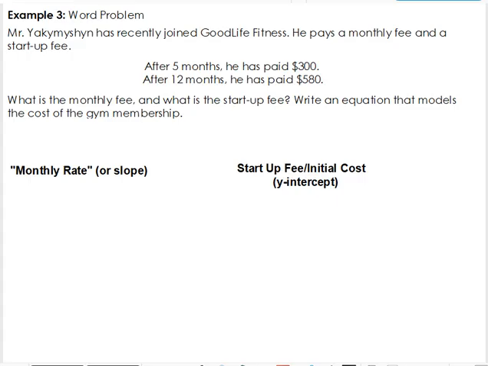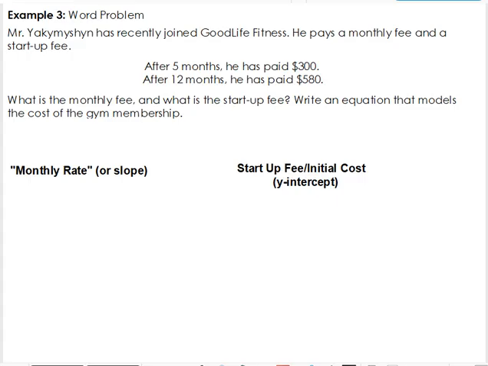It says here, Mr. Yakimishin has recently joined Good Life Fitness. He pays a monthly fee and a startup fee, which is true. When I signed up at Good Life, they had me pay an initial fee, a starting fee, and then they charged me a certain amount each month. So I've given you some data here about what happened. After 5 months, I paid a total of $300.